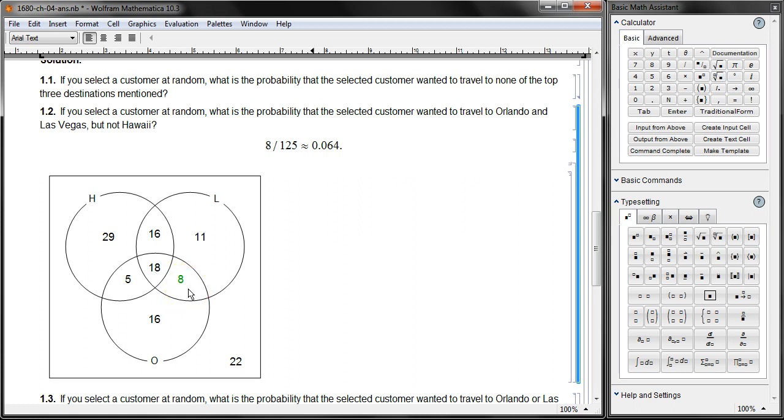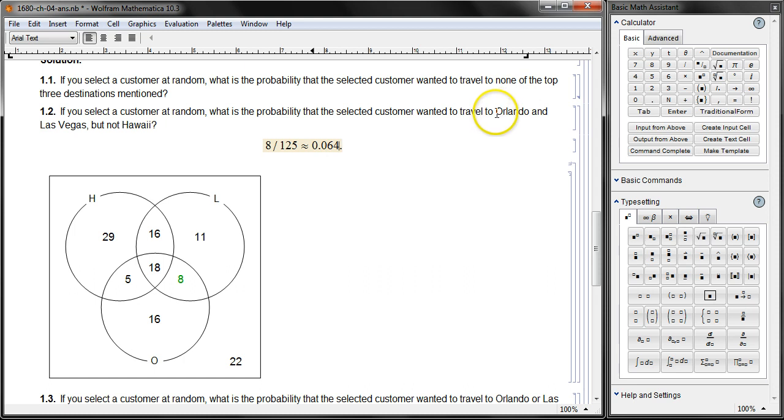I only have this one number, 8. And that's the only one highlighted in green here. So what do we have? 8 out of 125. There goes the probability. That's how you get the probability for Orlando and Las Vegas, but not Hawaii.